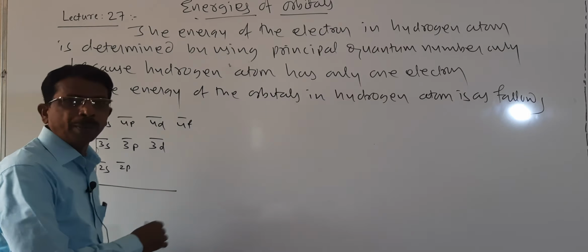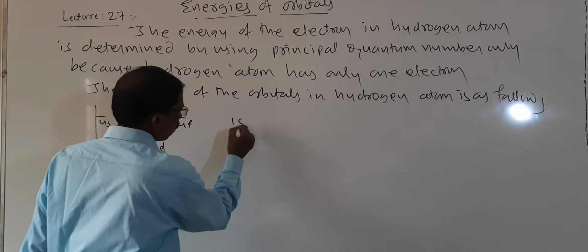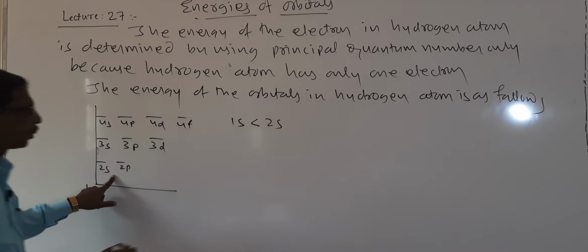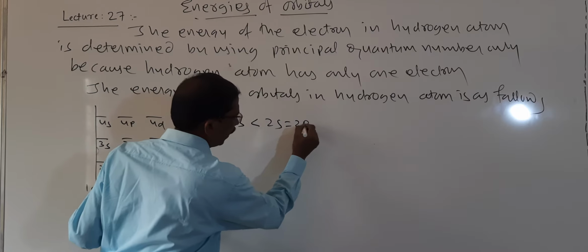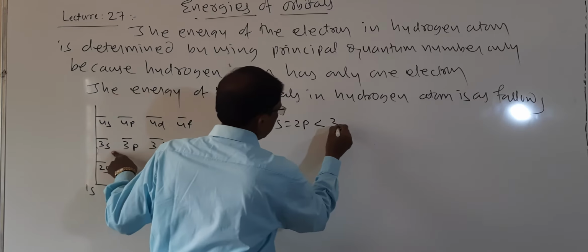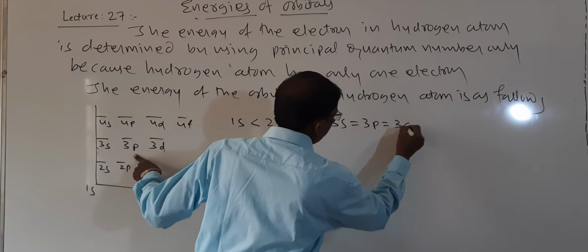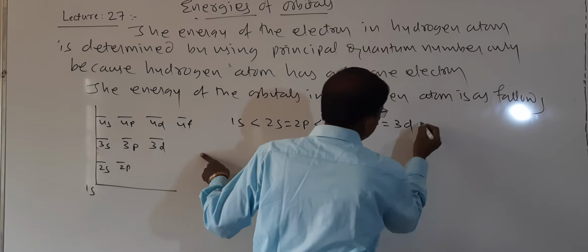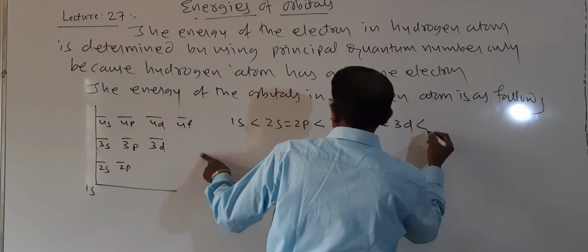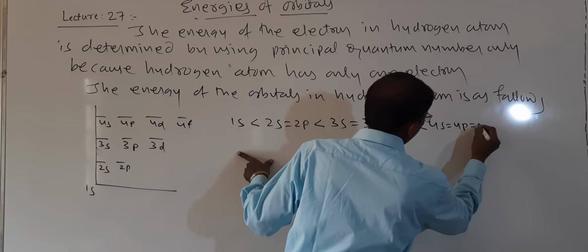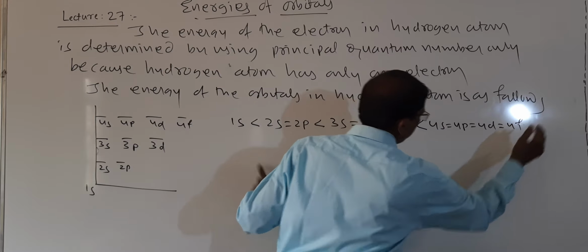So then how is it written? 1s is less than 2s is equal to 2p, less than 3s is equal to 3p is equal to 3d, less than 4s is equal to 4p is equal to 4d is equal to 4f.